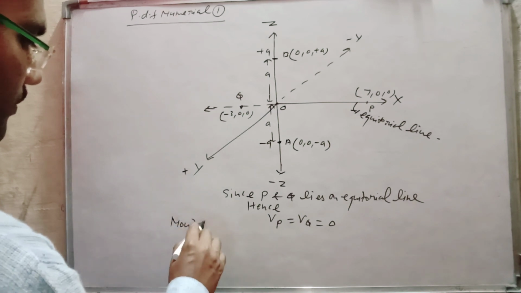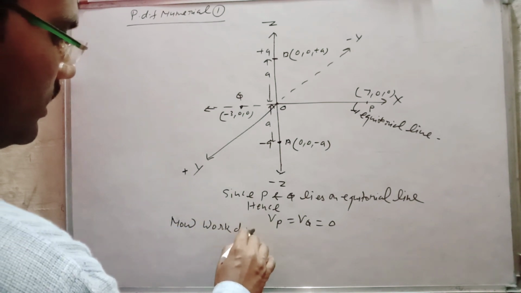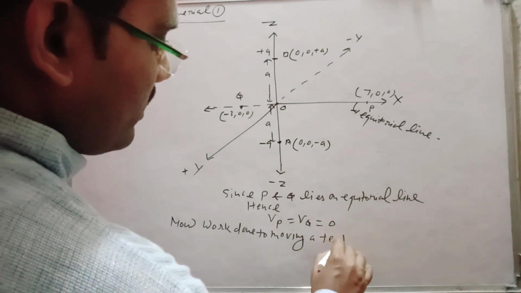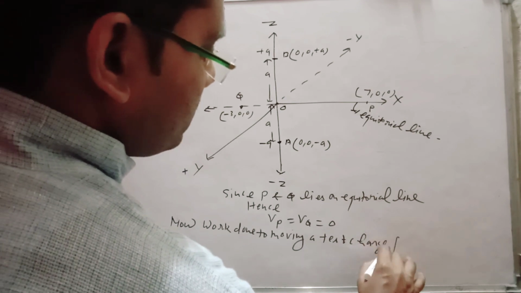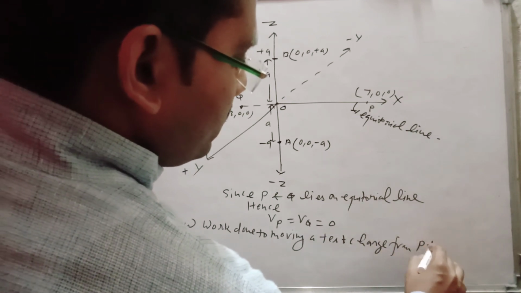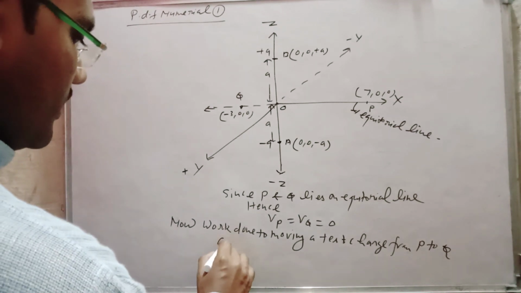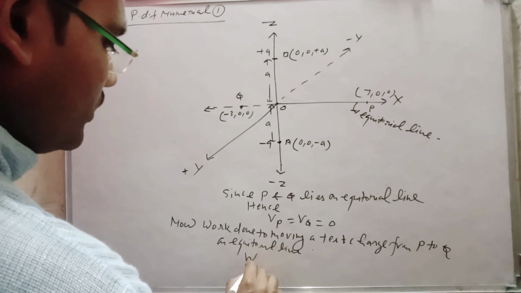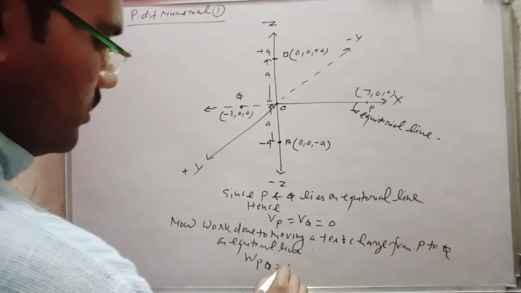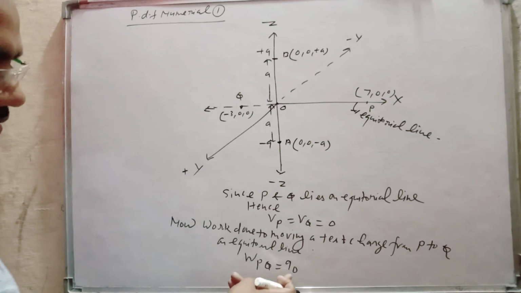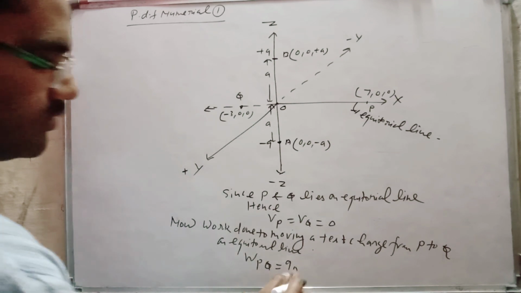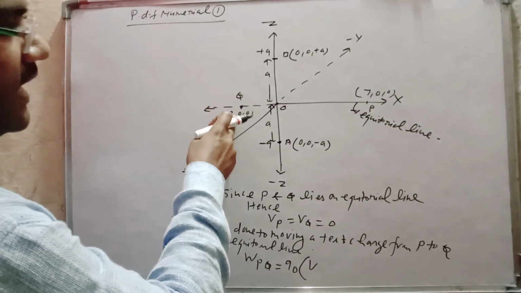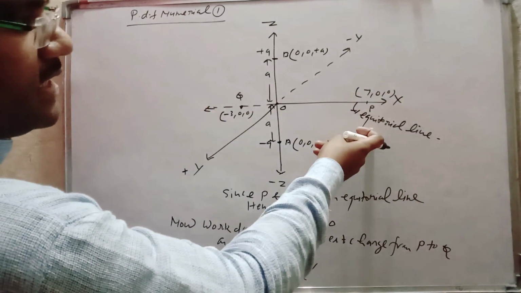Now, the work done in moving a test charge from P to Q on the equatorial line, that means W_PQ, is given by test charge multiplied by the potential difference, final point minus initial point.